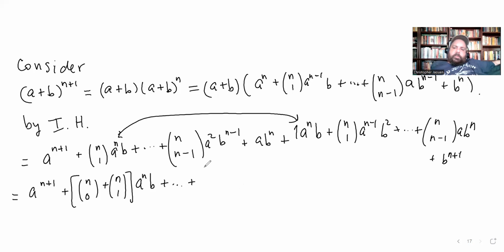If I fill in some more of the terms, it might be more obvious, but should we do the a b to the n? Minus 2. I think we would end up with, let me just see what I wrote down here.